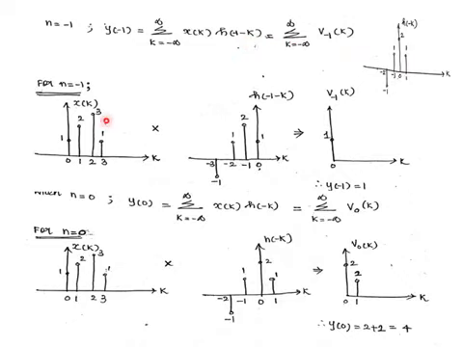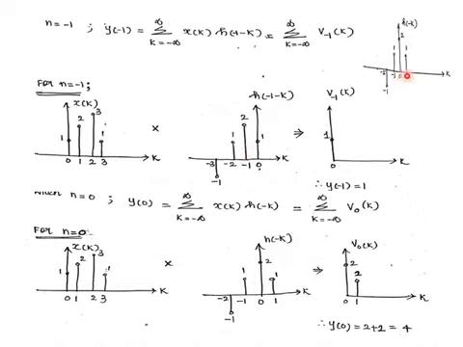As I said, the same x of k is redrawn here, for which the values are at k is equal to 0, its value is 1. For k is equal to 1, its value is 2, and so on. Now we have to get a sequence which is h of minus 1 minus k and draw its graphical representation.